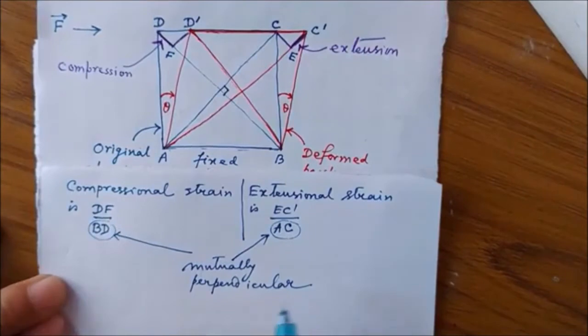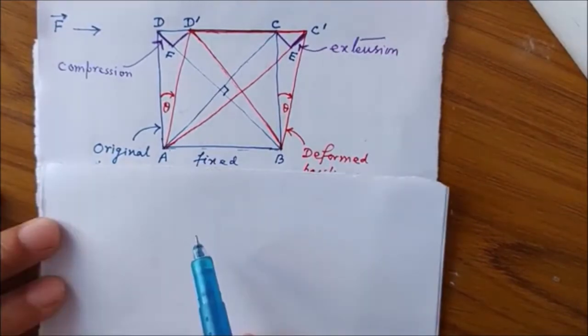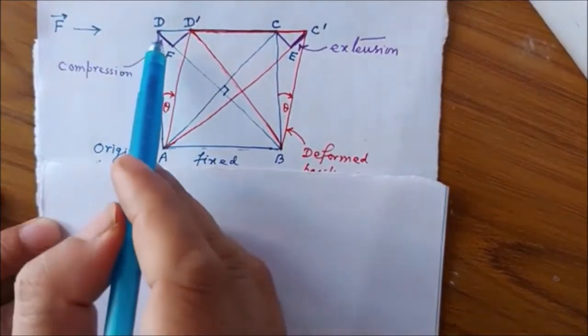And they are strained. So let us also note that the lengths that suffer strain are AC and BD. Let us now have a careful look at this triangle.